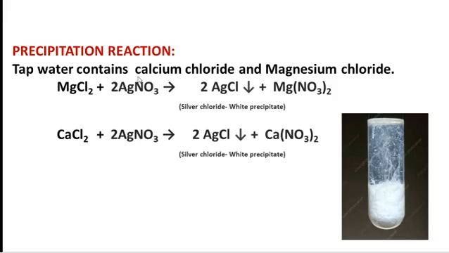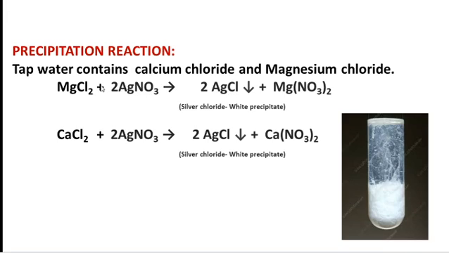Tap water contains calcium chloride and magnesium chloride. The reaction between magnesium chloride and silver nitrate: MgCl2 plus 2AgNO3, silver nitrate, to form silver chloride.